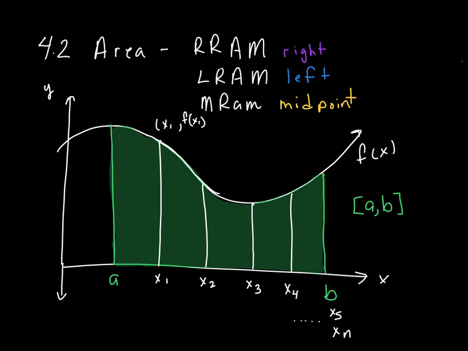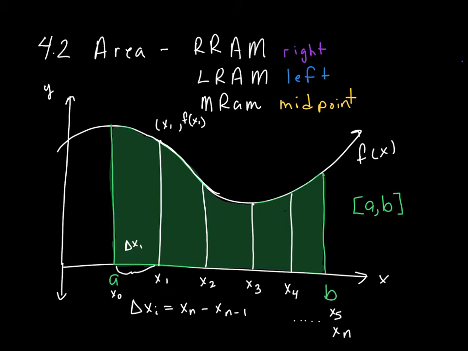base. Now, how do you find the distance from here to here? Well, instead of calling this A, we're going to call that x0. So that's the change, right? So this is delta x. We're going to call that delta x1. And that delta x in general is going to be delta xi, and that's always going to be x to the n minus x to the n minus 1.